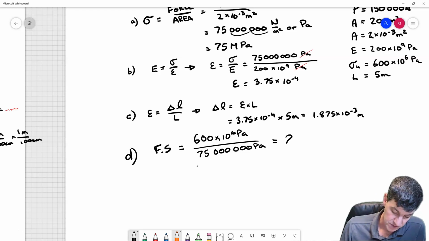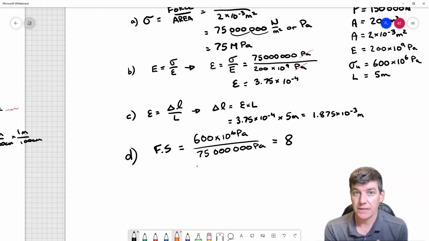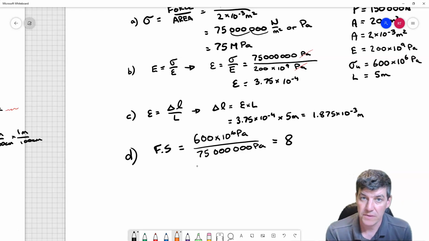And my factor of safety is 8. What that means is that the object, even under that amount of load, is still 8 times away from being at its breaking point.